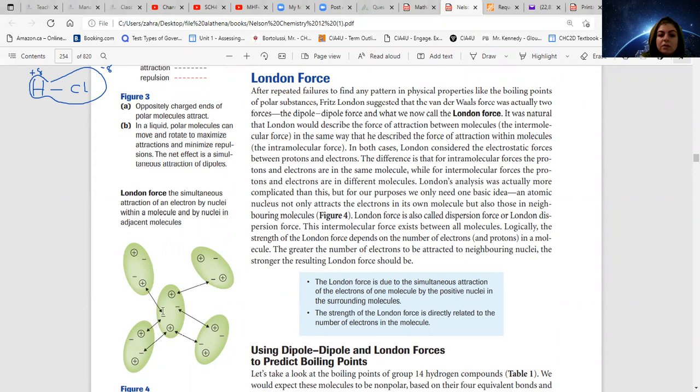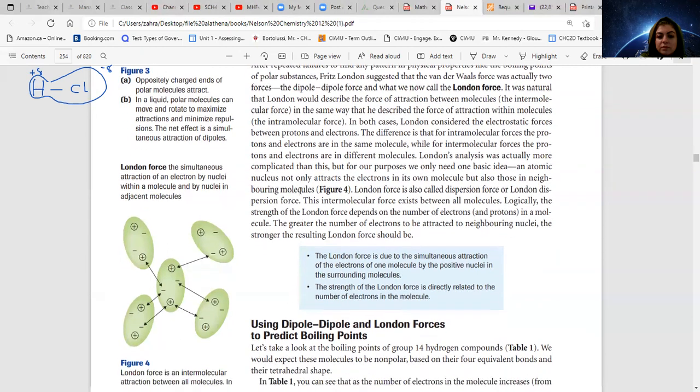And in the same way, the electrons of this one will attract the nucleus of the other one. So these London force interactions come from the electrons and protons inside the molecule, which is much weaker than dipole force.